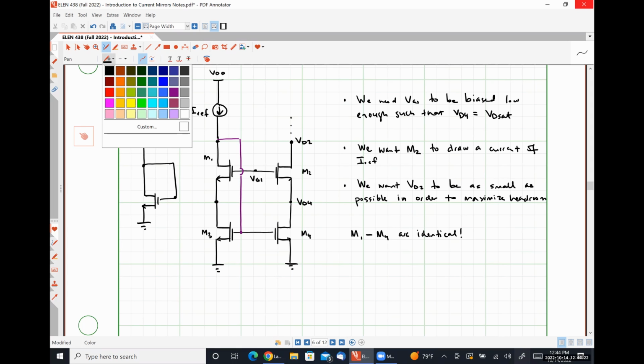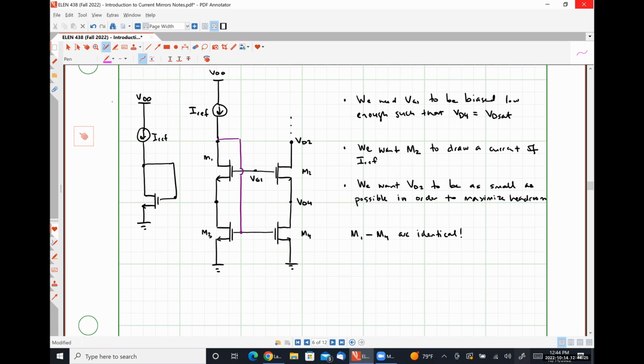And the gate of M5 is going to be tied to the gate of M1. And then our aspect ratio W over L of transistor M5 is effectively what we are going to figure out, what it needs to be in order to force all of our voltages and currents to behave the way that we want them to.